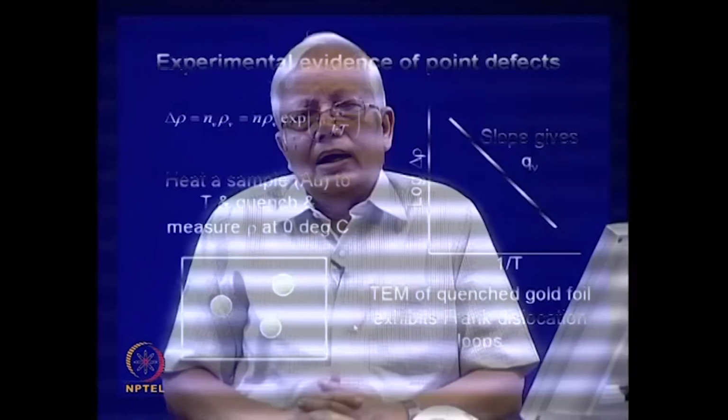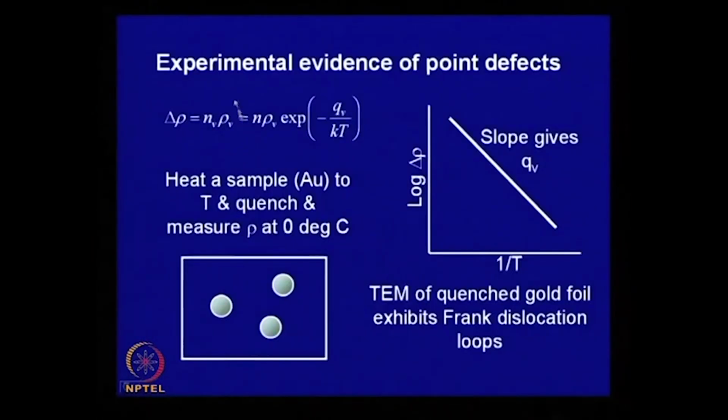There have been many other methods which give indirect evidence of defects in materials. One of the simplest things is to measure certain physical properties, like resistivity. We know that if you increase the vacancy concentration, in a way you can say that the effective area decreases.